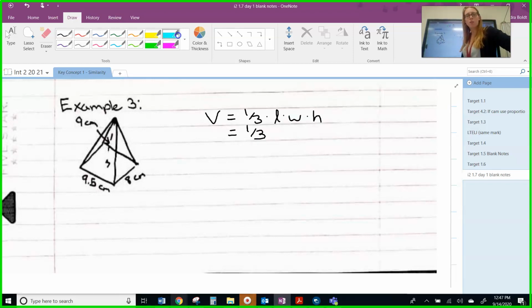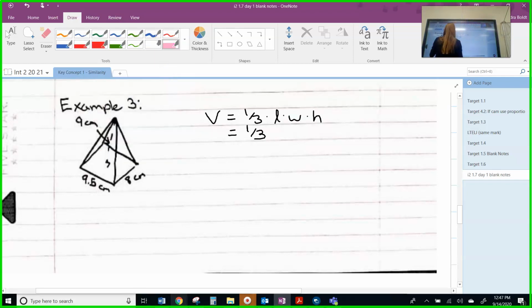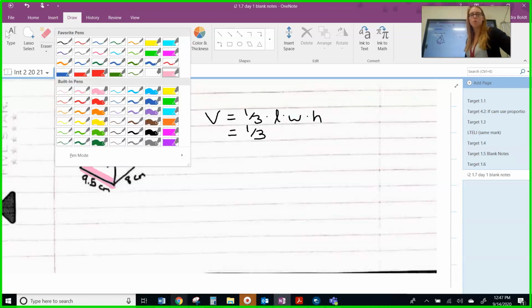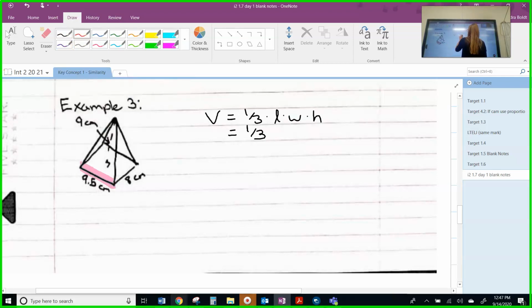Our length is here, this 9.5. Our width is 8. And our height is right here. And that's at 9.